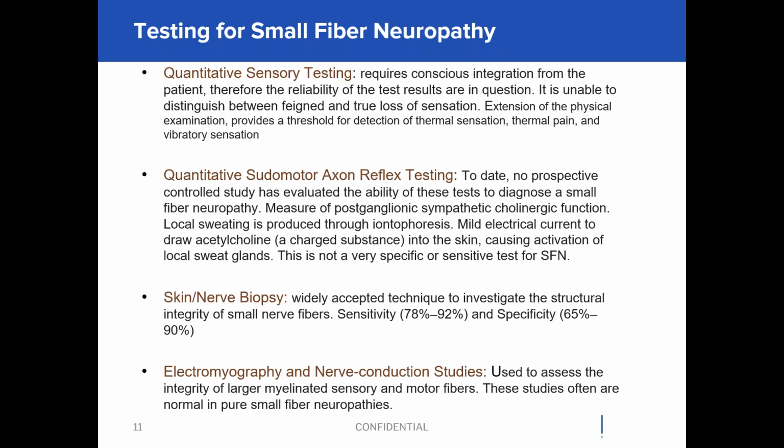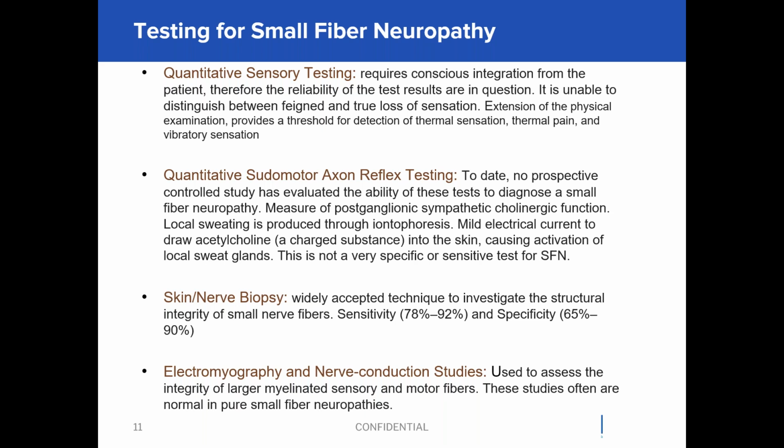There are many testing options available, and I won't go into detail about all of these because a lot of them are not really used much these days. There's quantitative sensory testing, which looks at the integrity of the nerves, detecting thermal sensation and thermal pain.